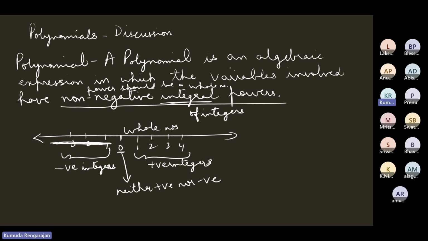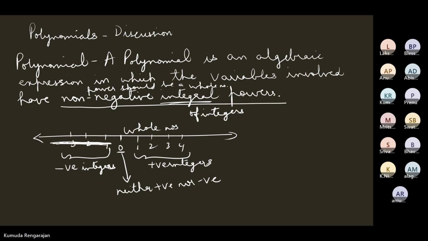So a polynomial is basically an algebraic expression, and this expression may have one or more variables. You must look at the powers of the variables involved. We will be dealing with polynomials only in one variable. In your syllabus, we'll be dealing mostly with polynomials in one variable x or y or z.